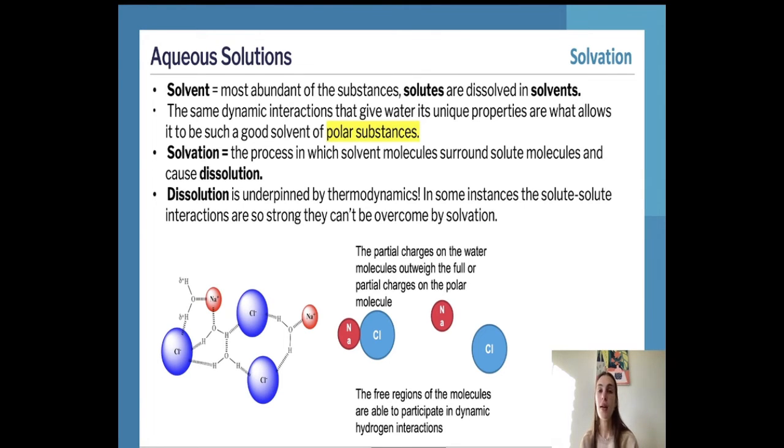So if we have a molecule with extremely strong intermolecular forces, those intermolecular forces will not be able to be broken apart, such that it won't allow for the solubility and the solvation to occur, because it won't be able to be intermixed with the water solute, with this water solvent.